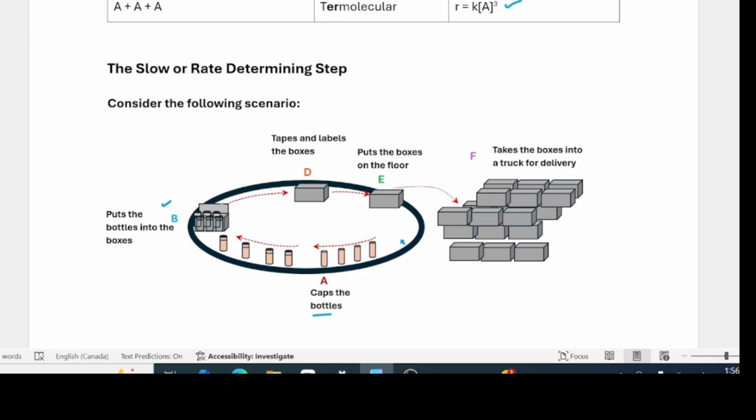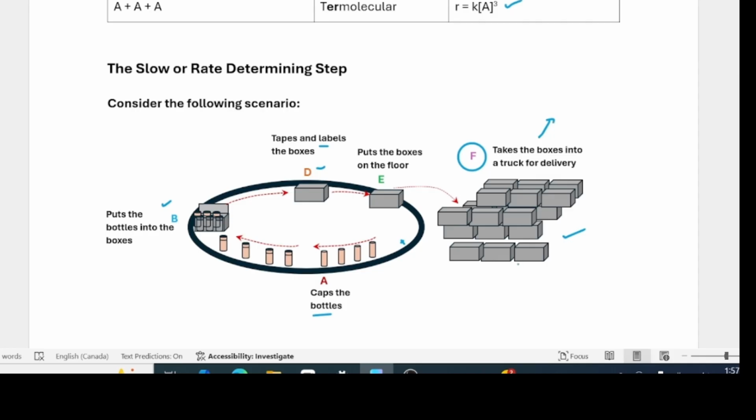After these boxes are filled, the conveyor belt takes them to D, where the worker there closes the boxes, tapes and labels them. After that, the boxes go to worker E, whose job is to take the boxes off the table and stack them on the floor. Worker F and his crew of workers are responsible for taking the boxes and placing them in a truck for delivery to consumers.